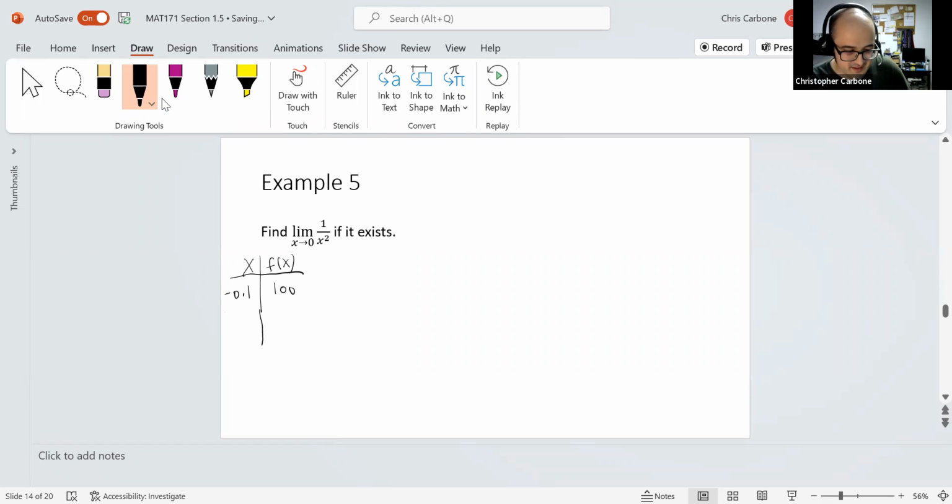Not large, but nothing too terrible. Negative 0.01 would give us a value of 10,000. That's increasing by a lot. Likewise, if we put in positive 0.1, we get 100. If we put in positive 0.01 again, we get 10,000. We could see it increasing a lot.